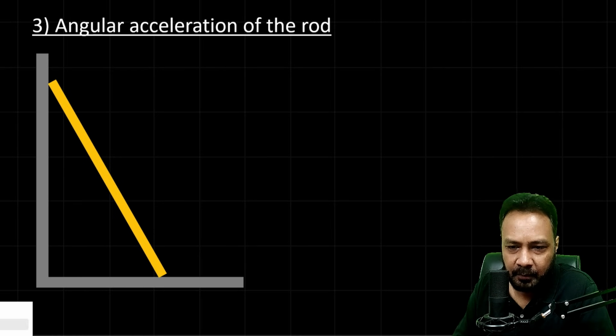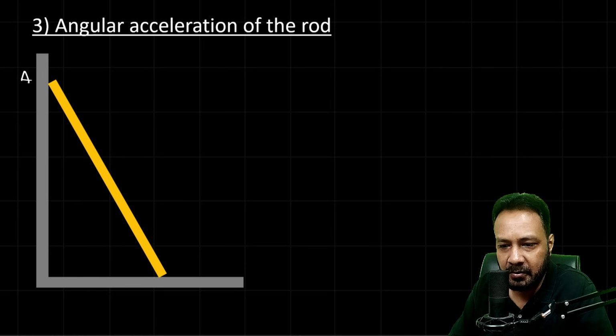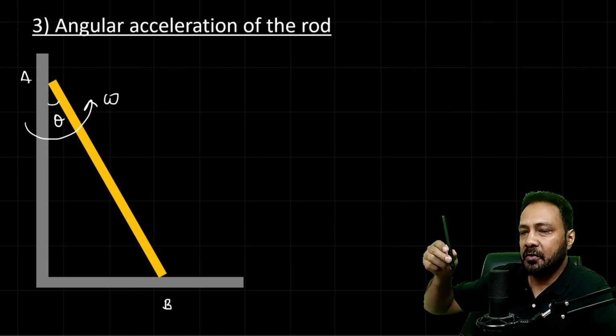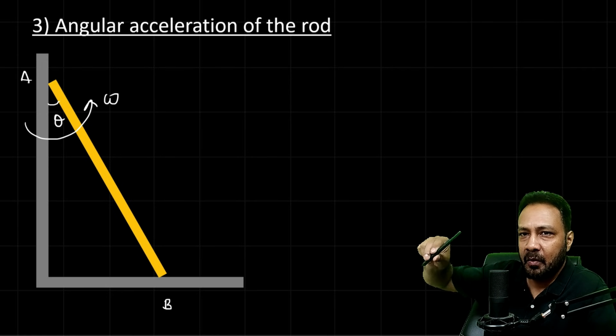Once again, this end is A, this end is B, and this is theta, and we got this omega. The rod is rotating like this.